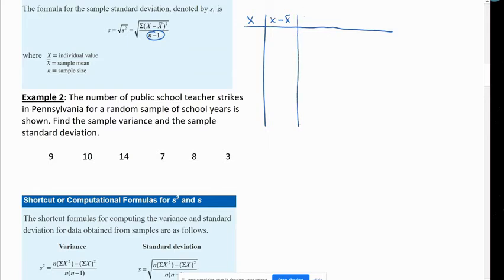Then we're going to square that, and then we'll total them up. Our numbers are 9, 10, 14, 7, 8, and 3. And if we calculate the average of those numbers, x bar turns out to be 8.5.